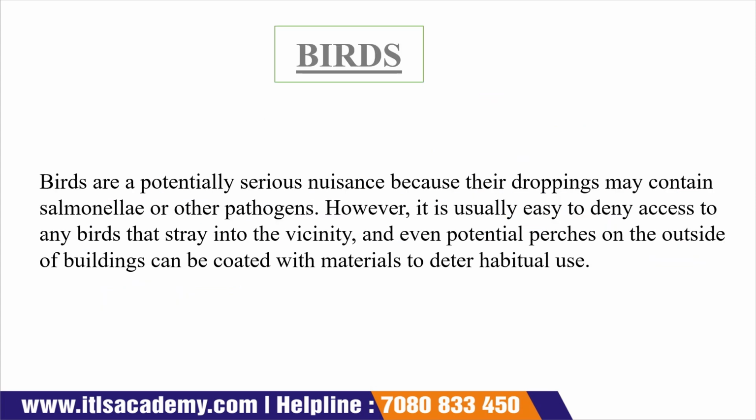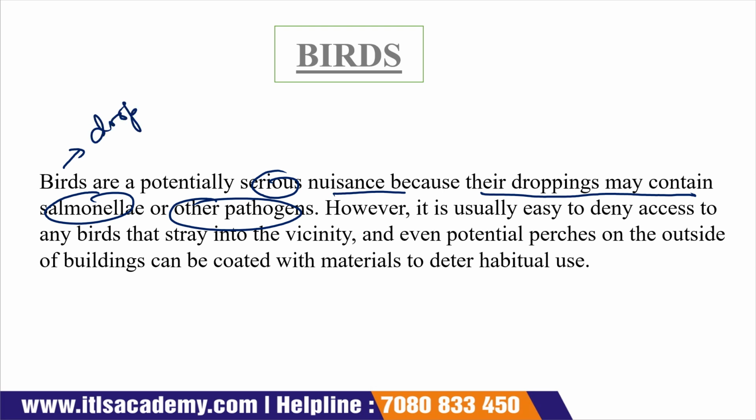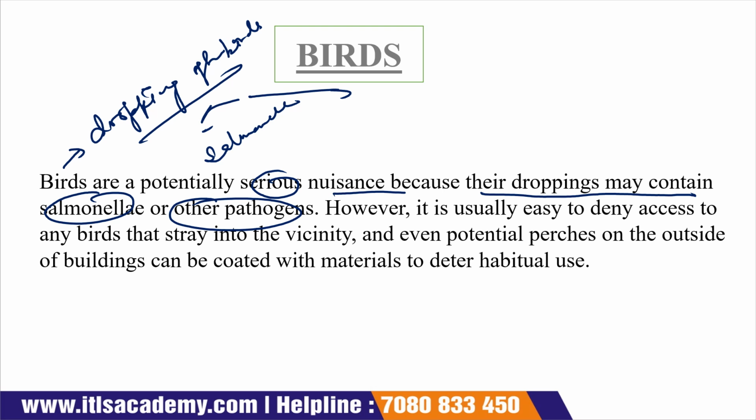The next is your birds. Birds are potentially serious nuisances because their droppings may contain salmonella or other pathogens. Okay, so there is a problem with the droppings of the birds. Maybe they contain salmonella, which is very dangerous for the health of human beings, and sometimes they also contain other pathogenic microorganisms which lead to foodborne disease.